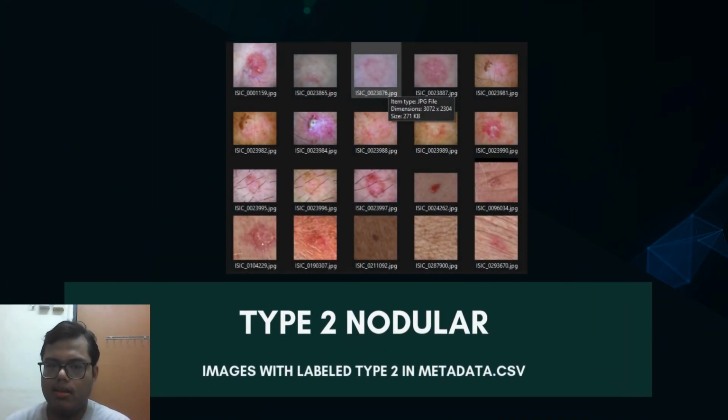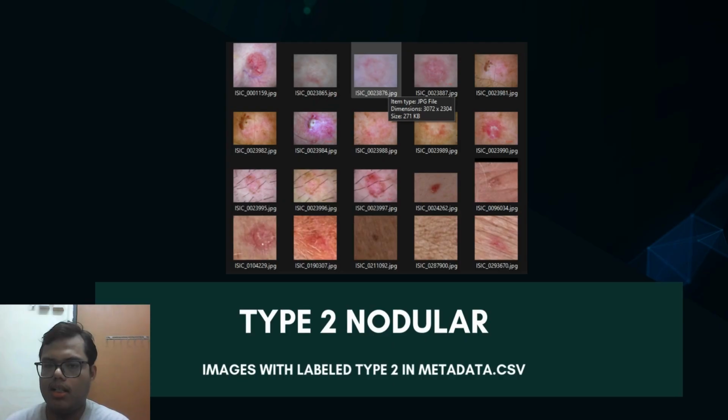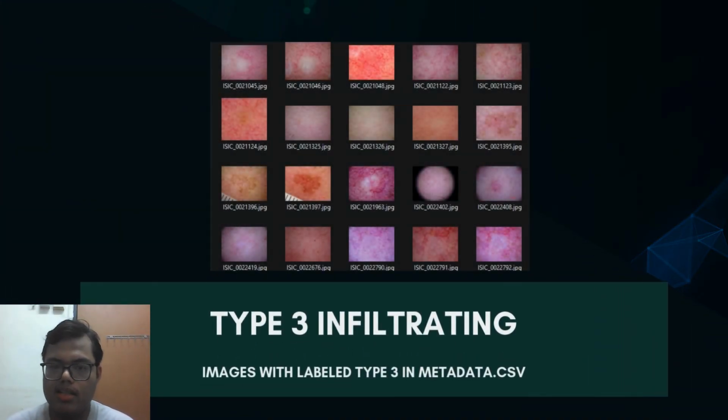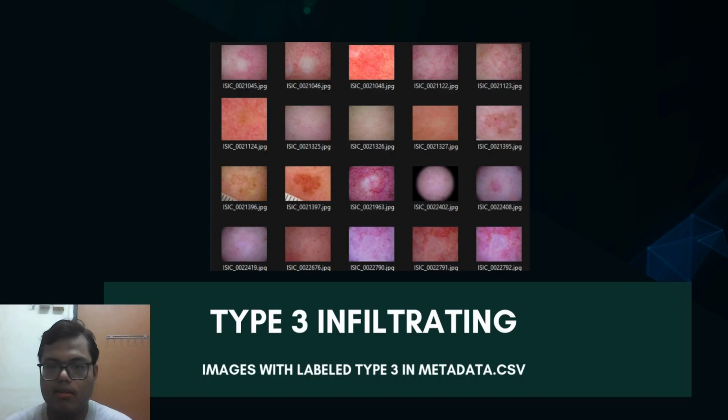In this folder, there are cases of basal cell carcinoma nodular. So all of these images are labeled with type 2 in metadata.csv. Lastly, the type 3 folder. In this type 3 folder, there are cases of basal cell carcinoma infiltrating. So all of these images are type 3 in metadata.csv.